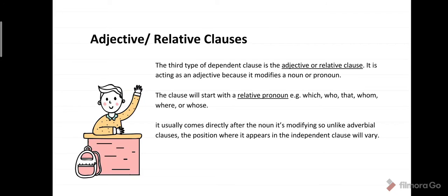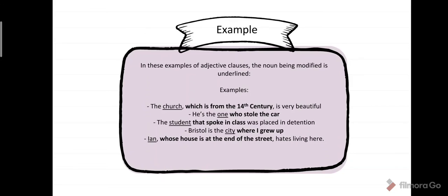It usually comes directly after the noun it's modifying, so unlike adverbial clauses, the position where it appears in the independent clause will vary. In this example of adjective clauses, the noun being modified is underlined.